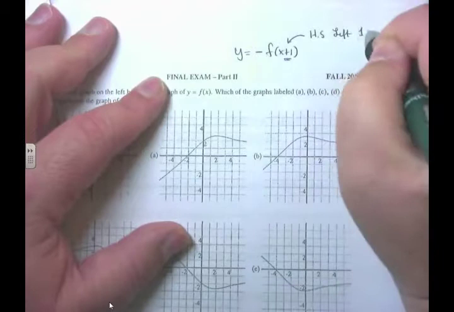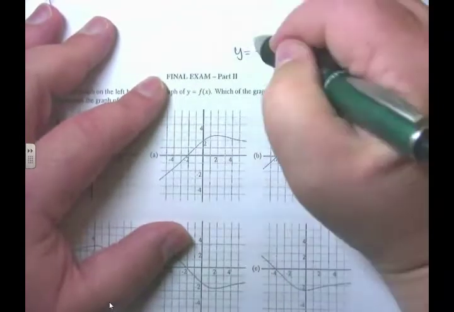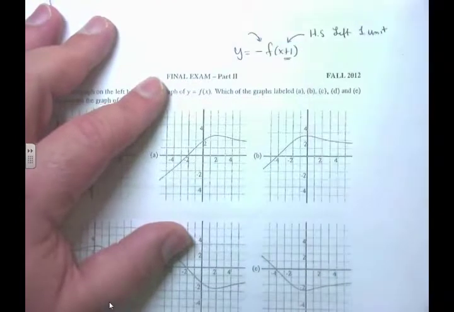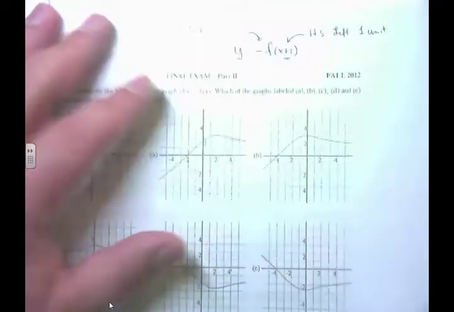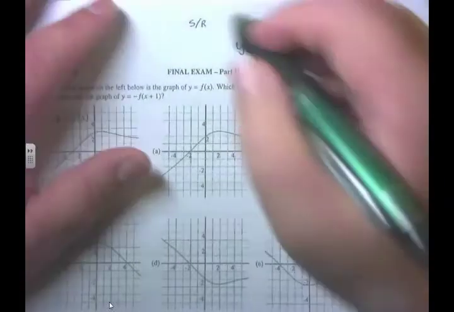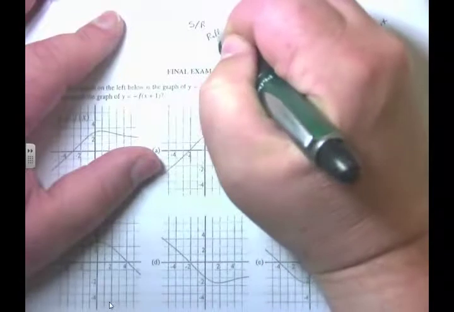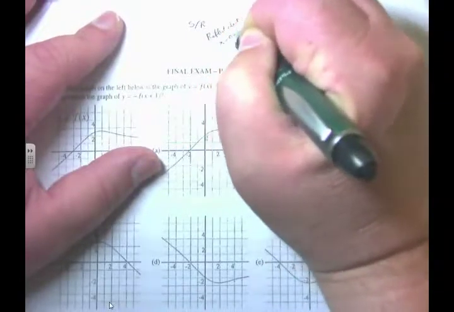Left 1 unit. And then order of operations, what comes next is multiplication. Multiplying out front, this is that stretch reflect when you multiply a number times a function. And what is a negative going to do for me? It is going to reflect about the x-axis.